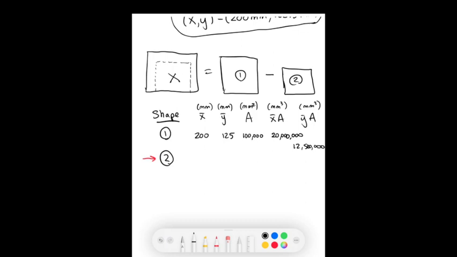Now the centroid depends on the x and y axis, but the area is negative 60,000. And so because we have 200 times negative 60,000, this product over here is going to be negative 12 million and negative 6 million.